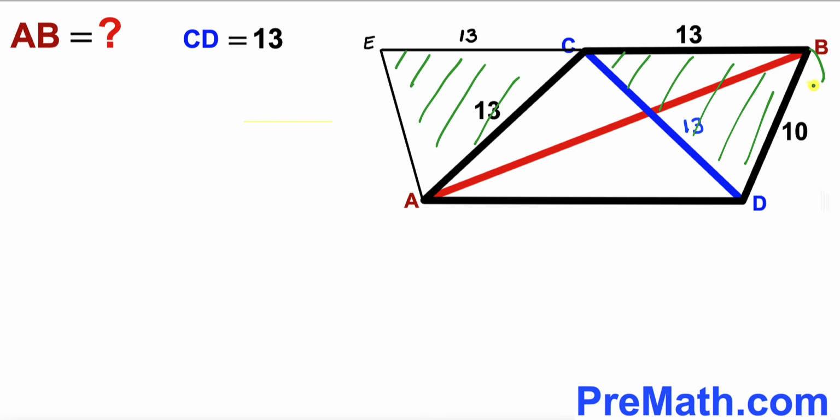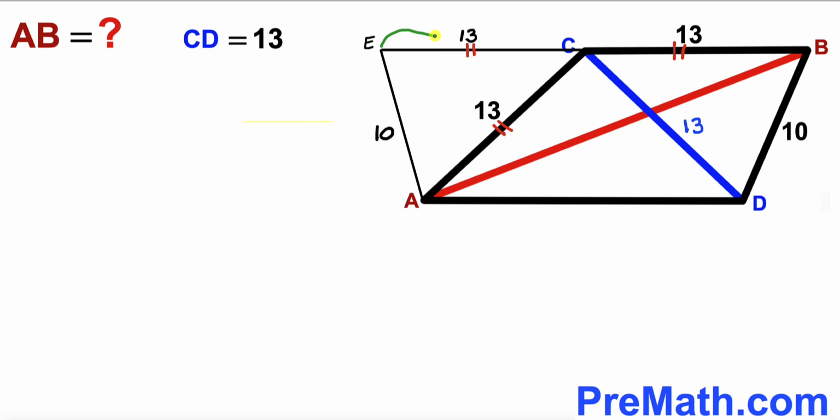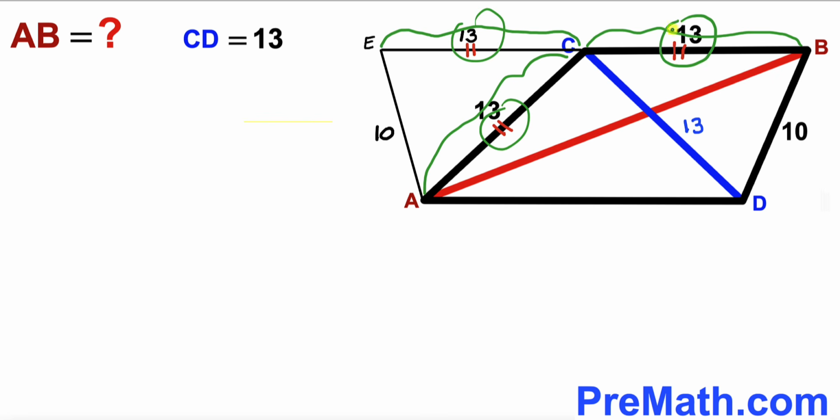If this side BD length is 10 units, then we conclude that this AE length has got to be 10 units as well. Now we are going to focus on these 3 prongs, this EC length and this BC length and finally this AC length. All of them are 13 units each.